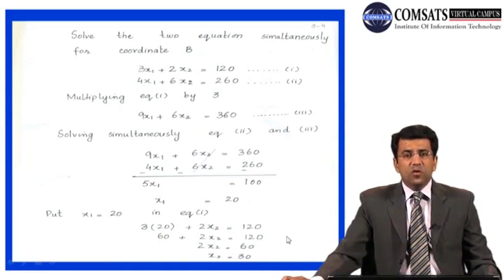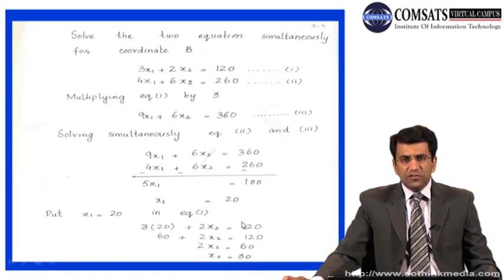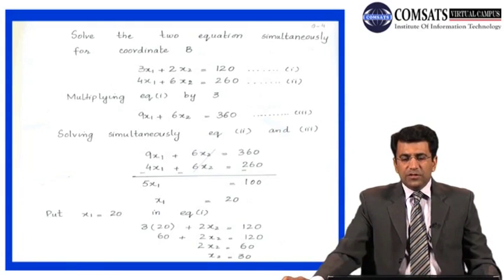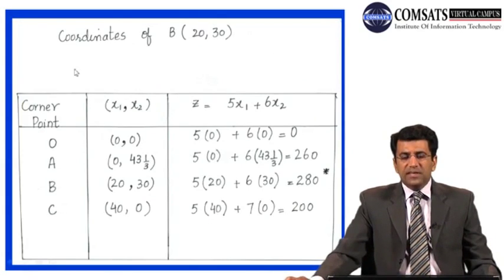So we get the coordinates of point B as 20 and 30, where x1 is the x coordinate and x2 is the y coordinate of that point. So these are the coordinates of point B, 20, 30.